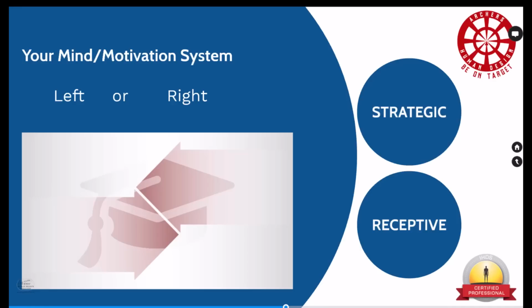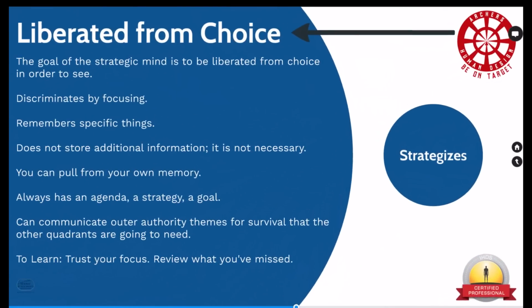Here we're going to skip over to the mind now. The mind can either be strategic, which is left. You can see this arrow pointing left here. And the left, ideally, is about being liberated from choice. The goal of your strategic mind, mine too, is to be liberated from choice in order to see. The way that we're here to discriminate is by focusing.